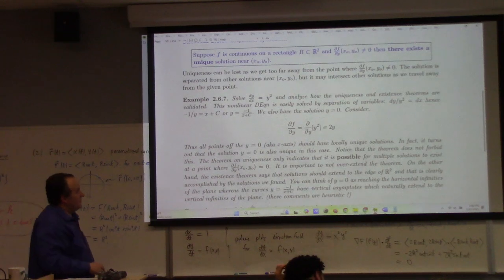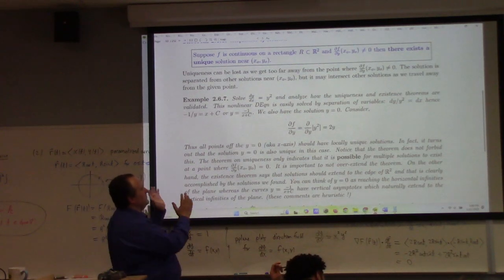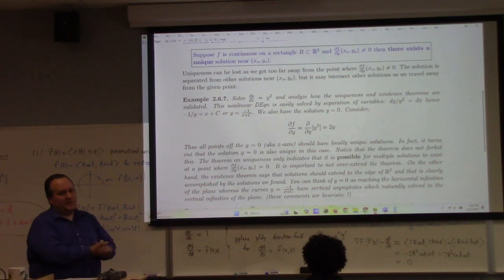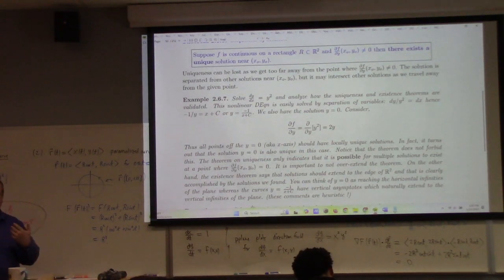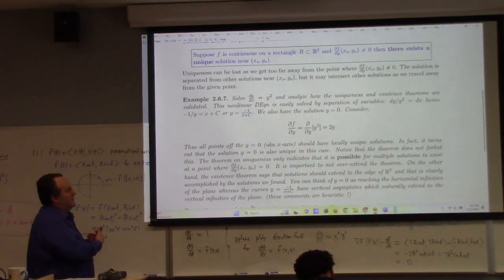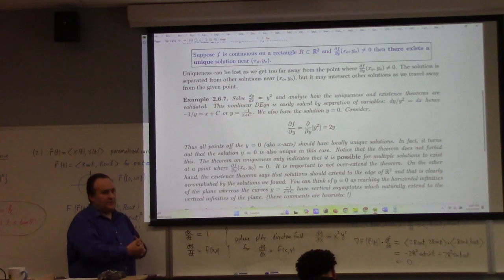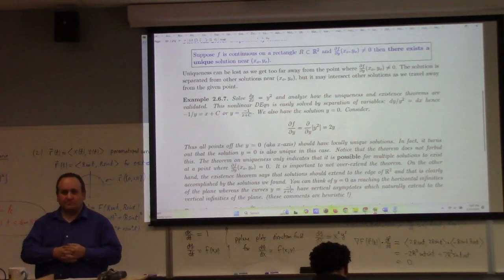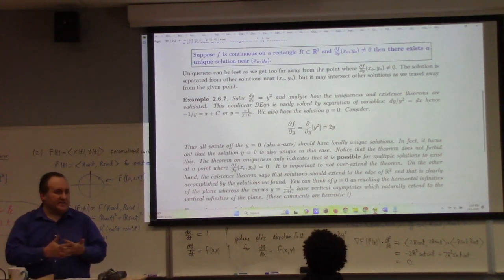This is a really nice example because it illustrates the fact that differential equations have some really weird behavior in a certain sense. Look at the differential equation dy/dx equals y squared. It's a pretty nice differential equation.